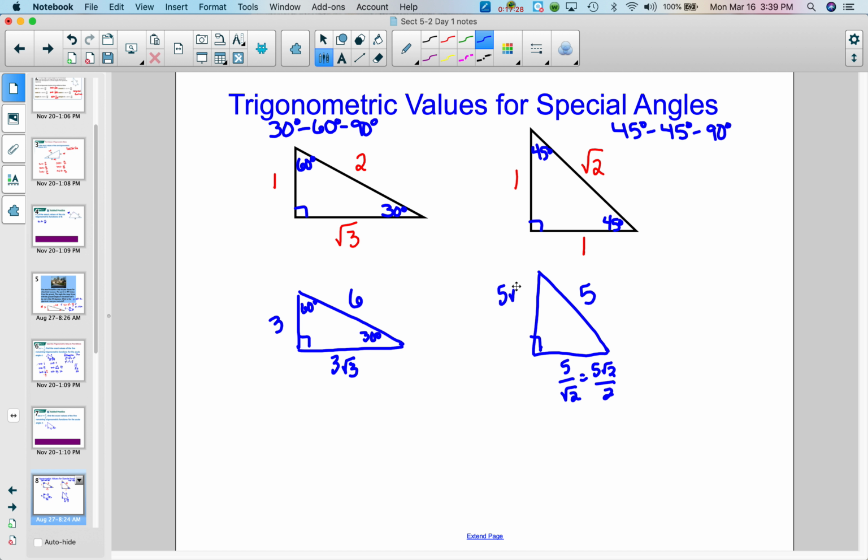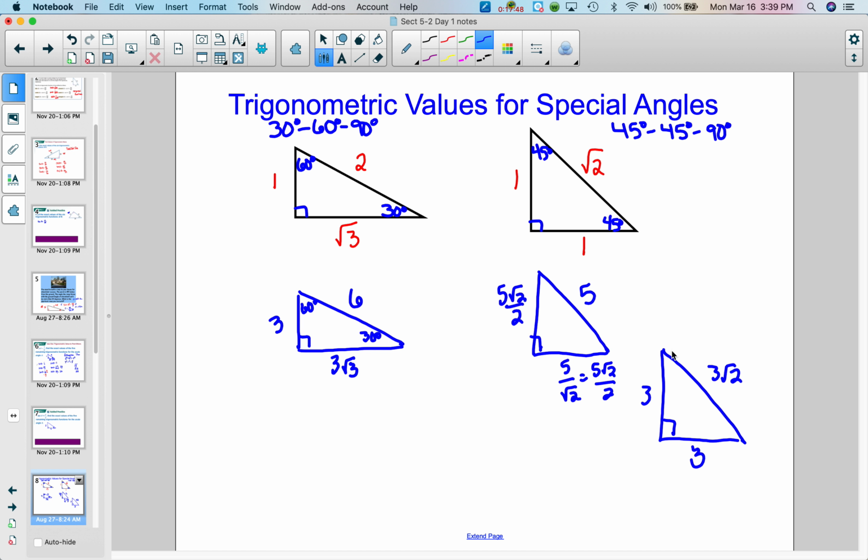Once I solve for one of them, I can do the other. Maybe I shouldn't have done that one first, but I'll give you another one. If this had been 3, then this would be 3, and this would be 3 root 2. So it's definitely easier to go that direction. If you're going the other direction, you just have to divide instead.